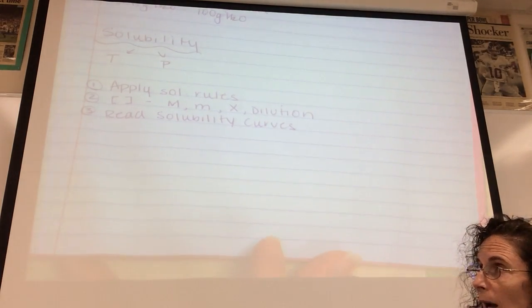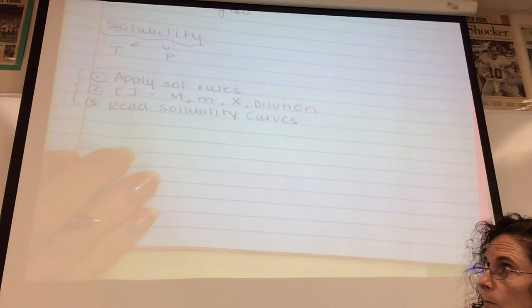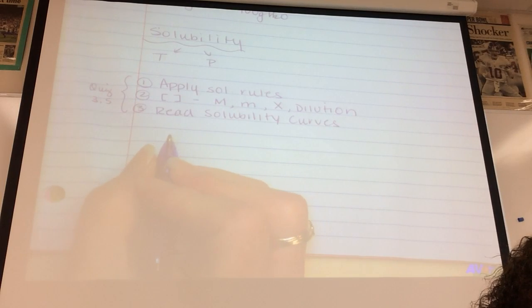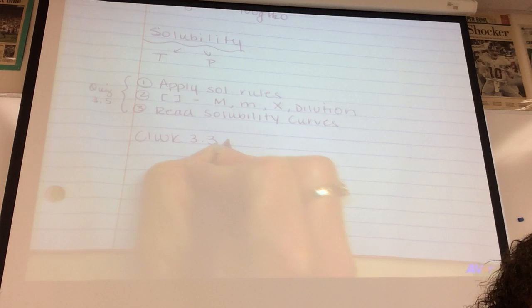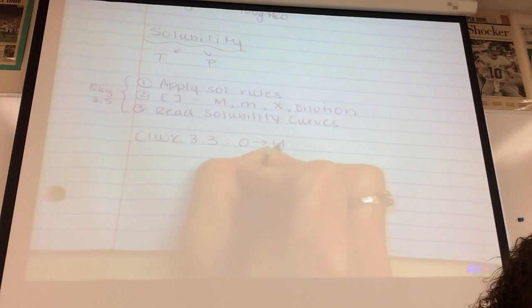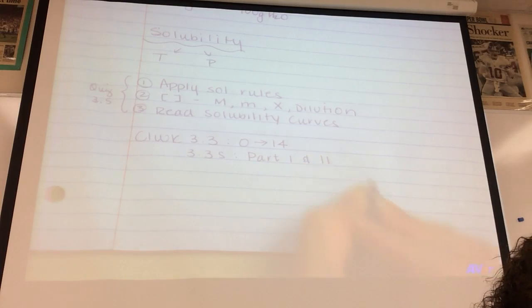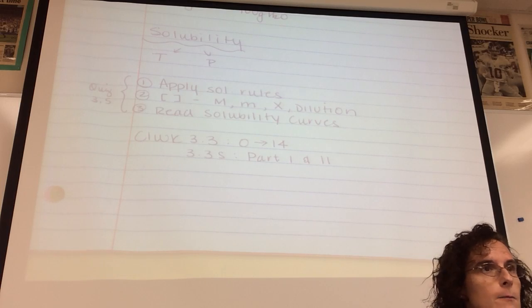In regard to your relevant classwork for the quiz, and this will be quiz 3-5, although it will probably go into the 4th nine weeks, you should be able to do through 14, and you should be able to do part 1 and part 2 of the second classwork that you received previously.